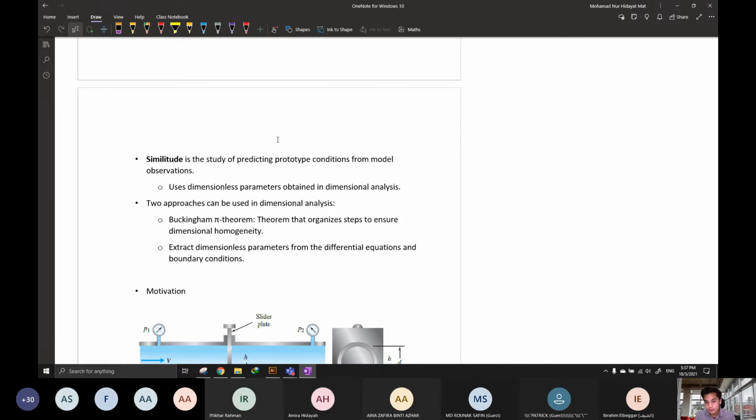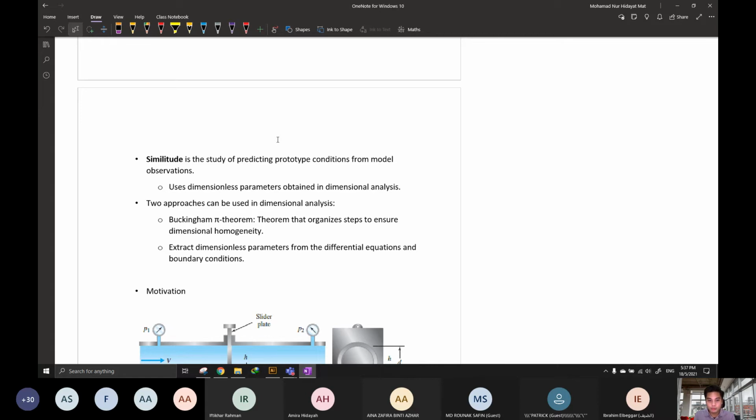For example, if they want to create an aircraft, with current technology they will definitely create a 3D model and do the simulation, calculation, and theory to make sure the aircraft can fly.